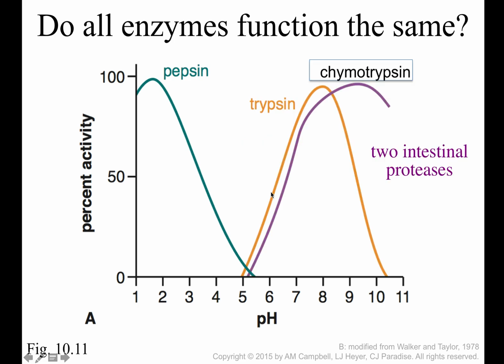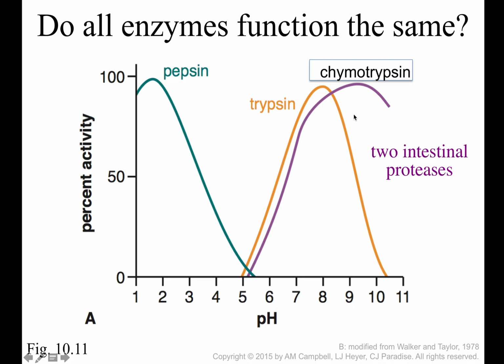If we look at enzymes like trypsin and chymotrypsin, these are proteases, enzymes that cut proteins, and they work at more typical cell pHs. These are found in the intestines, which is more typical of a cell pH, although pH 9 is getting pretty high.